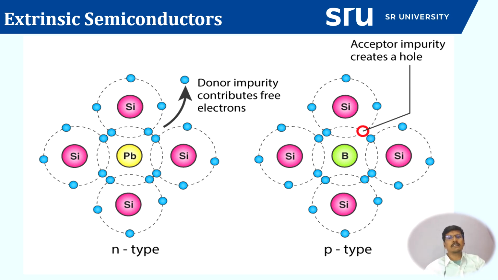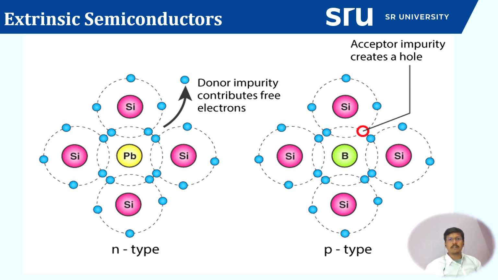In N-type semiconductors, doping introduces additional free electrons. That is, when we add a pentavalent impurity into a pure semiconductor, the pentavalent impurity atom has 5 valence electrons in the outermost orbital. Out of these 5 valence electrons, 4 will form covalent bonds with the 4 neighboring silicon atoms.